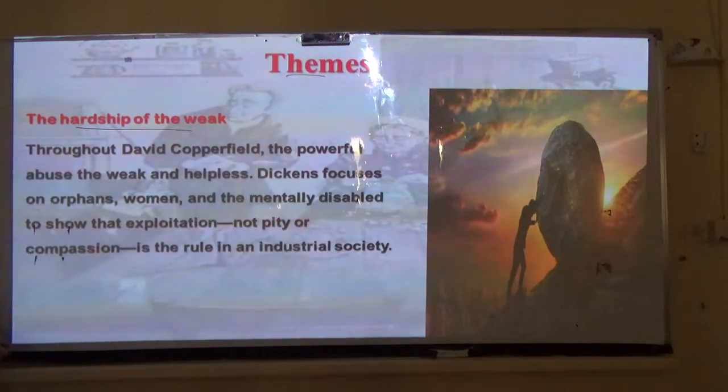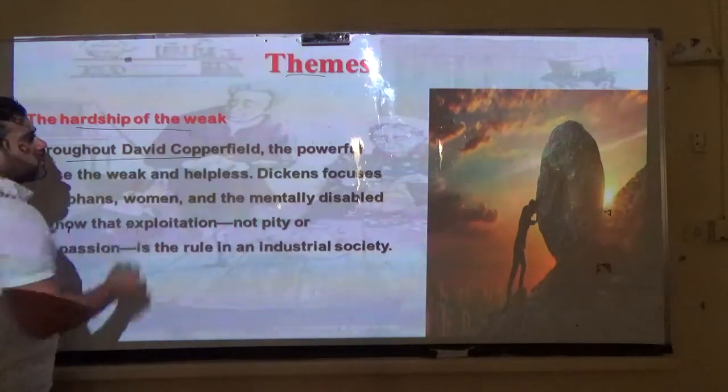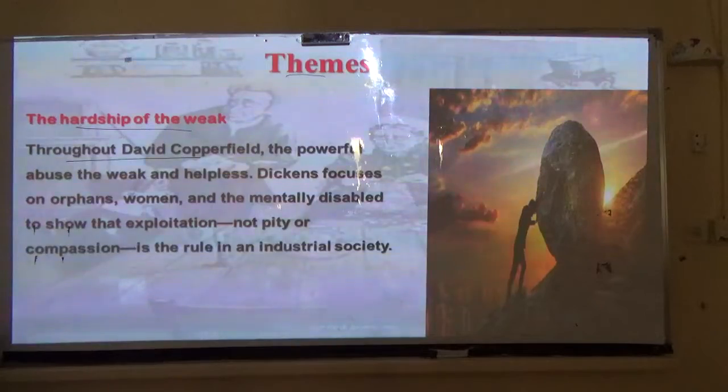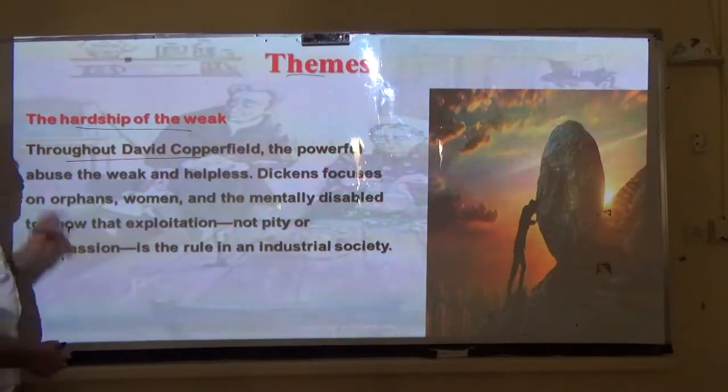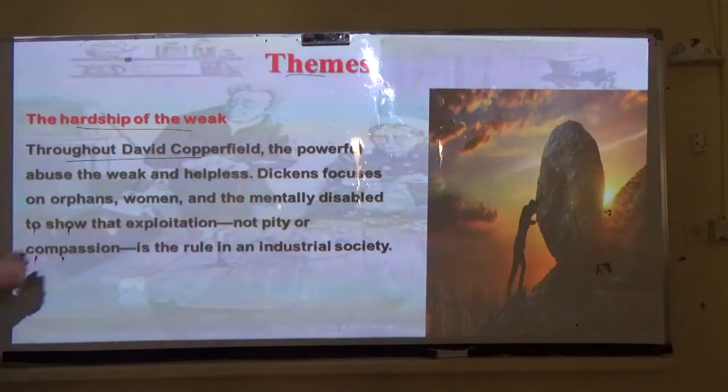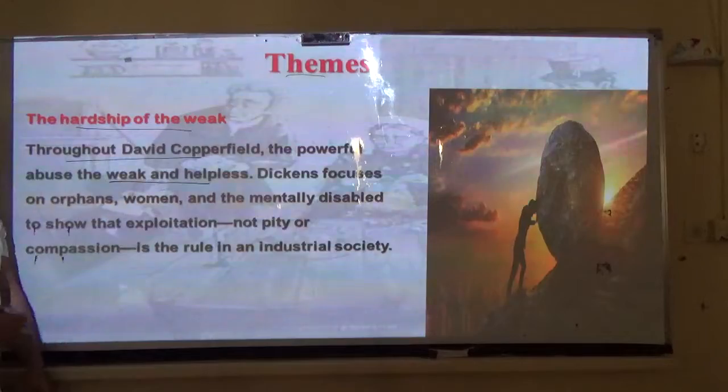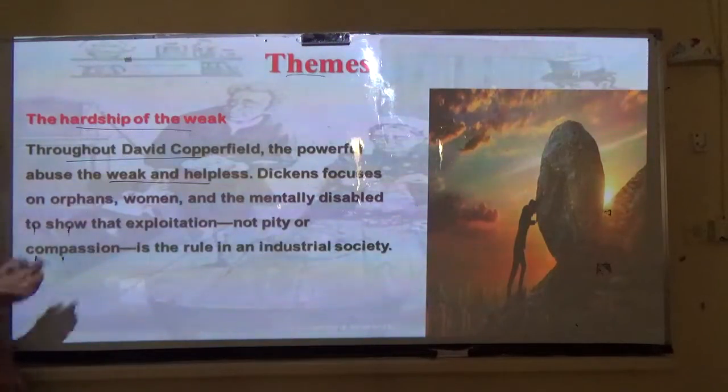So in our novel, through David Copperfield, the powerful people abuse the weak and helpless. Which part represents this idea?